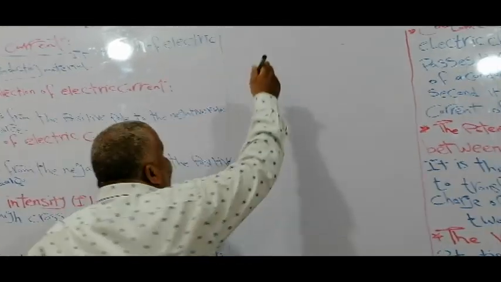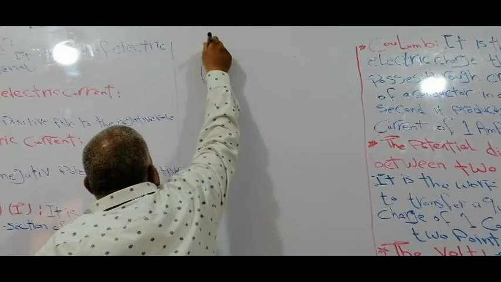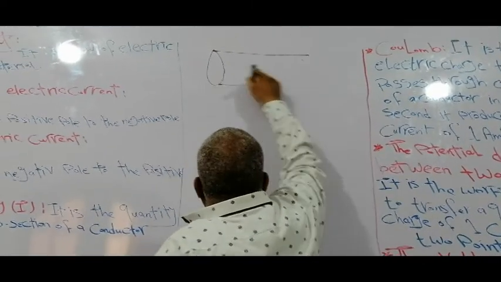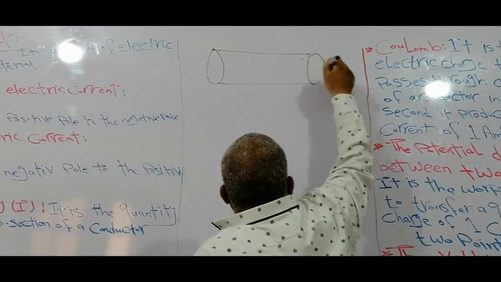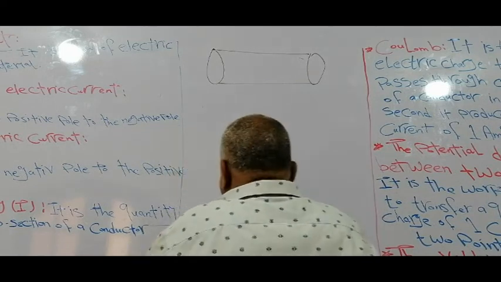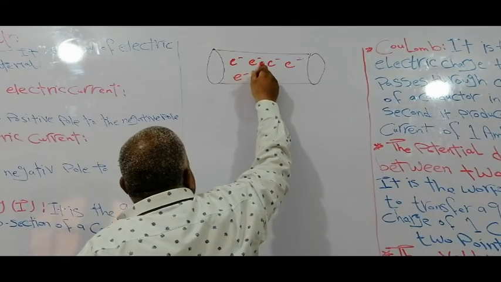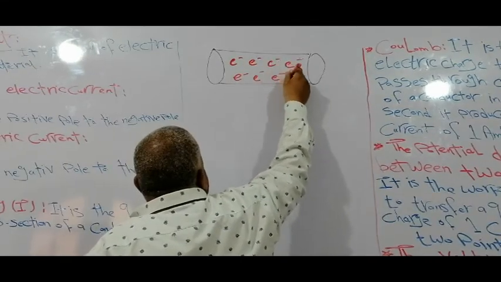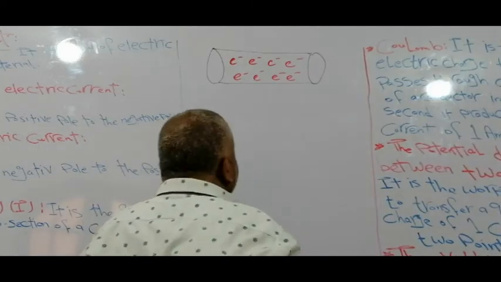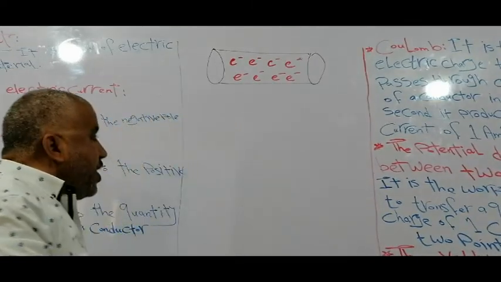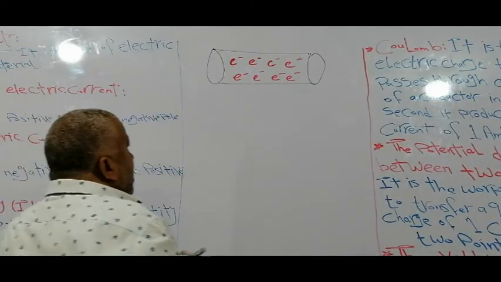If we suppose a copper, we have free electrons. These electrons move in random motion in all directions.